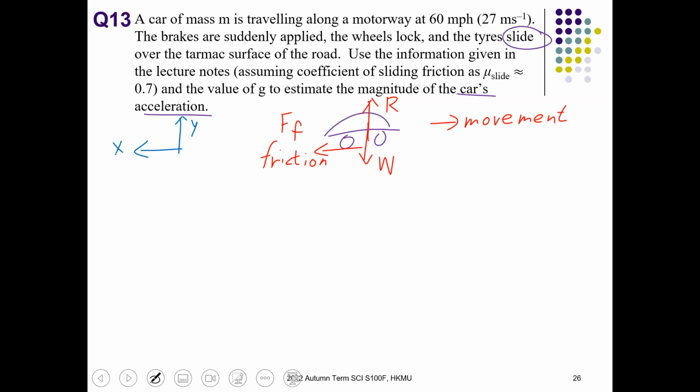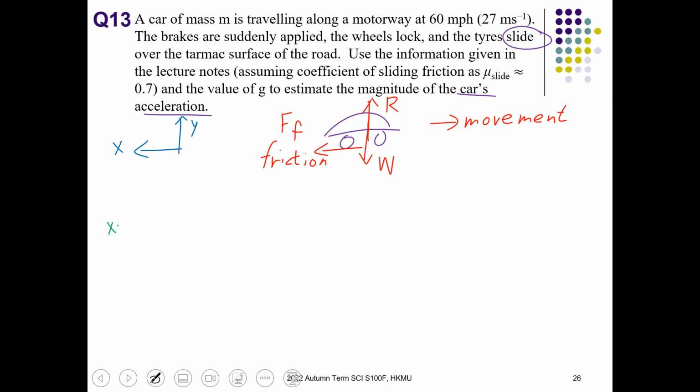In 2D problems, we try to break the problem down into two pieces: one in the x direction and one in the y direction. Because x and y are perpendicular to each other, these two subproblems are independent in the formulations.